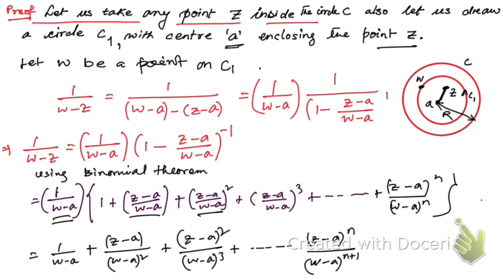That's what we're going to have. This is equation number 1, w minus z is equal to this.